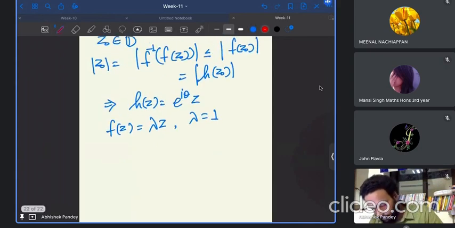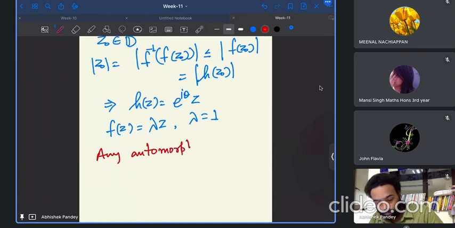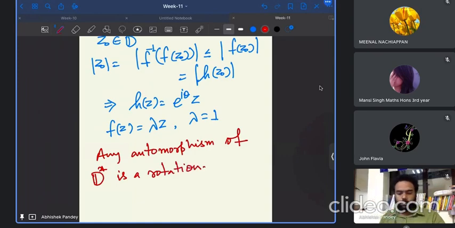What does it mean? It means that any automorphism of the punctured unit disk D star is a rotation. This is kind of an important result.